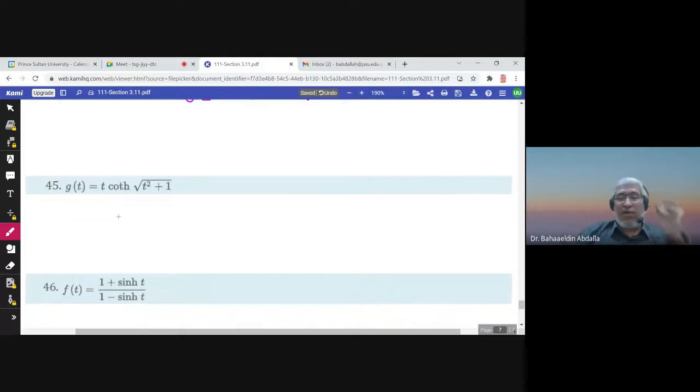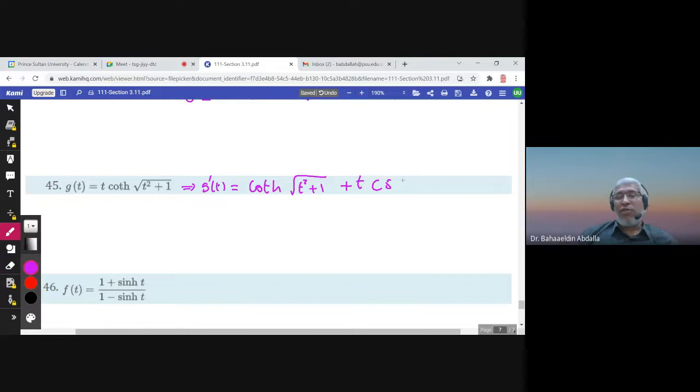Here I have a product function. So the derivative of t is 1 times the hyperbolic cotan of the square root of t square plus 1, plus t times the derivative of hyperbolic cotan, which is hyperbolic cosecant square. Actually, negative hyperbolic cosecant square. So there is a negative sign, so I will write it here.